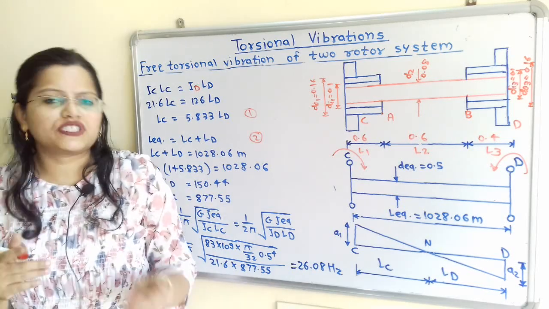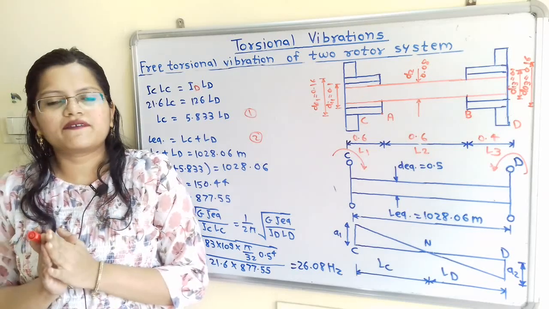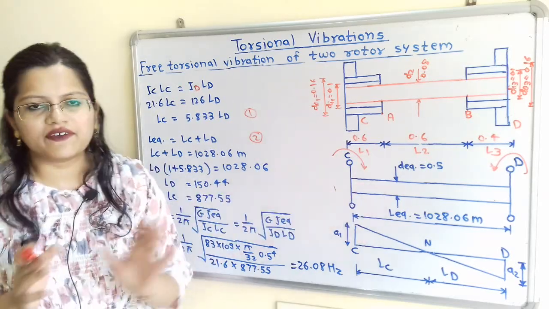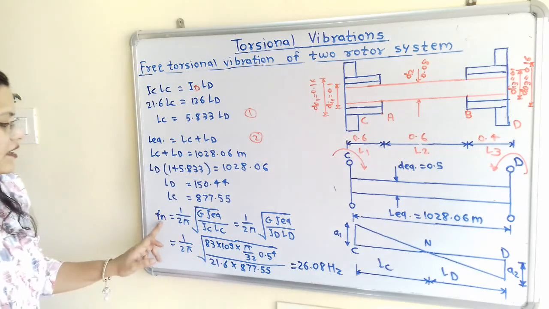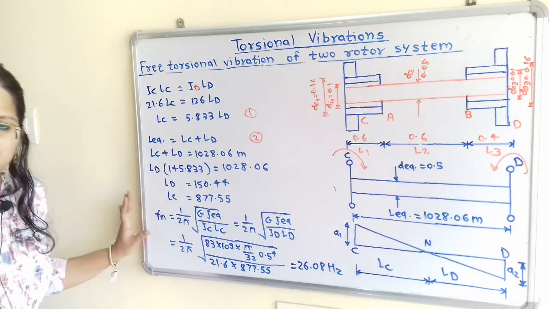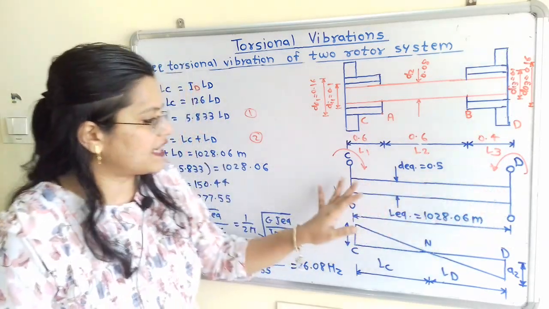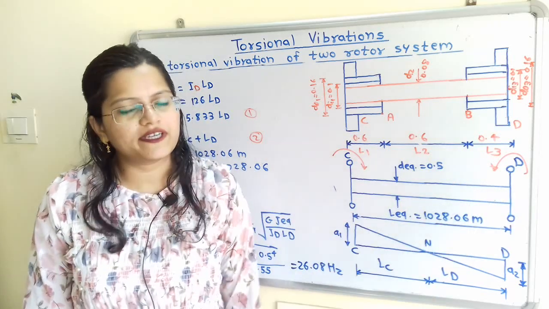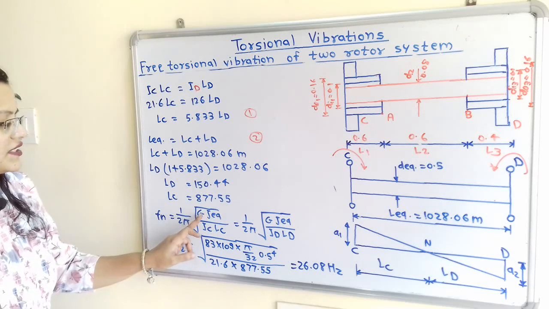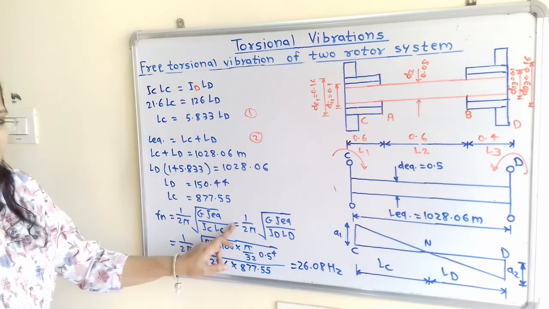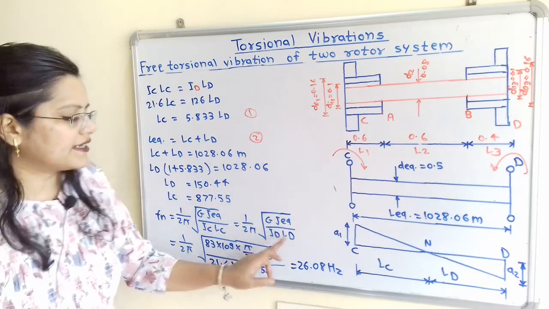Now the next question is to calculate the natural frequency, and this natural frequency is applicable for this equivalent system. So what is the formula? We have the formula Fn is equal to, now this natural frequency is the same for both the ends, that is at point C as well as at point D. So we will write the formula 1 by 2 pi under root of G J equivalent by ICLC is equal to 1 by 2 pi under root of G J equivalent by IDLD.